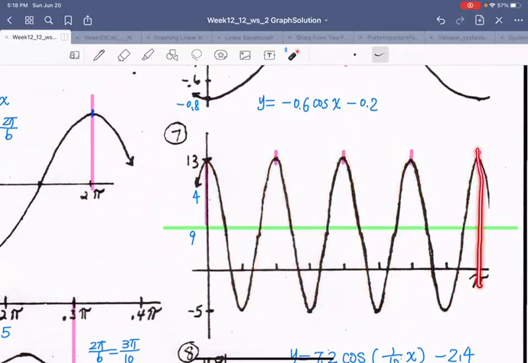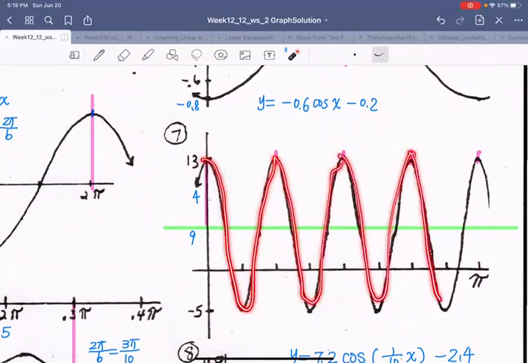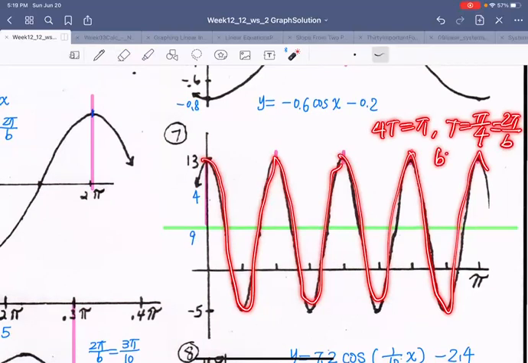This is pi here. Okay, so far everything is good. Let's watch out here. 1 period, 2 period, 3 period, 4 period. 4 T equals pi, so T is pi over 4. This is 2 pi over b, so since T is pi over 4, b equals 8. Very good.